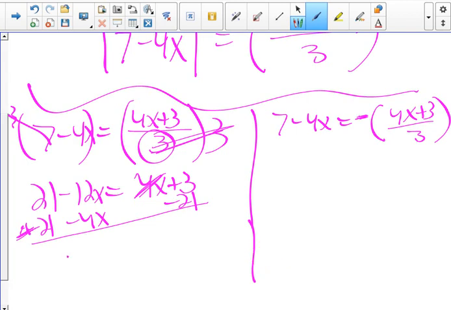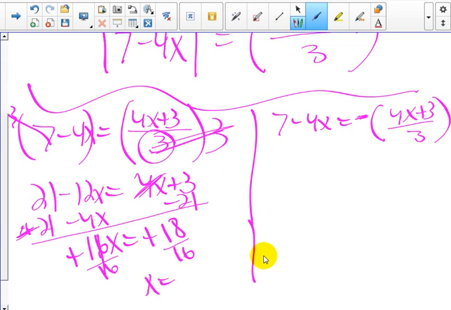So I end up with negative 16x equals negative 18. Now multiply each side by negative 1, and we get rid of our negatives. Now divide each side by 16, and you get that x equals 18/16, or divide each one by 2, and you get 9/8. 9/8 is just 1 and 1/8. So there's your first answer, 1 and 1/8.